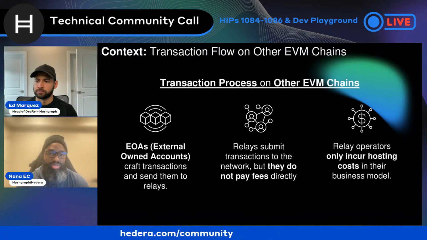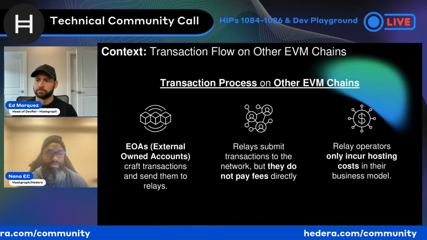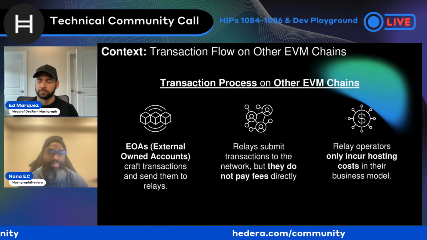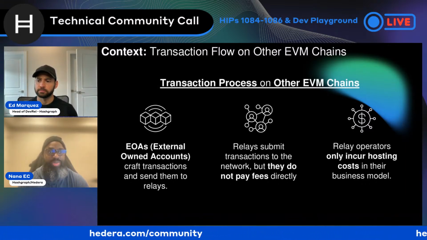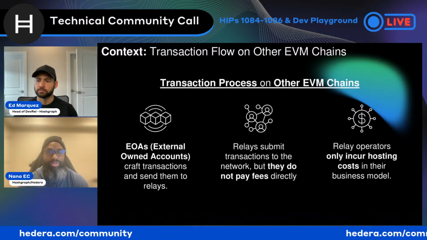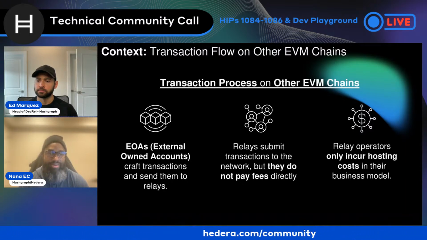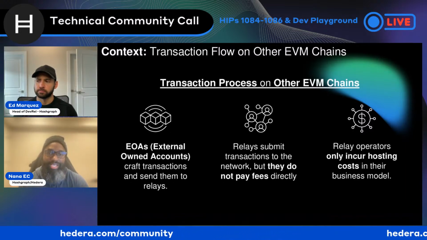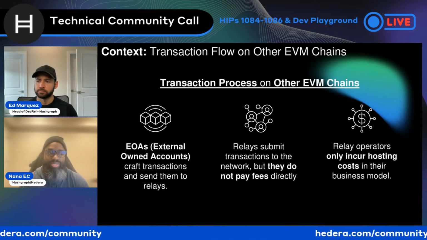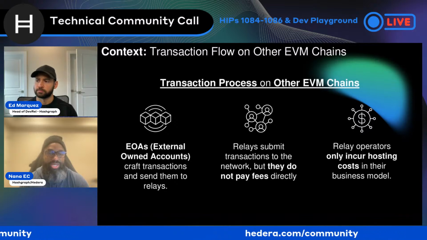So with that in mind, let's talk a bit about the EVM transaction flow itself. Usually what happens is that an EOA, an externally owned account, which just means that this account's ownership is prescribed by a cryptographic key that needs to sign, right? And so that would be me or you taking MetaMask and submitting a transaction. Usually you would submit that transaction to a relay.